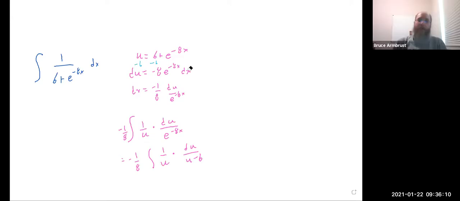This is something that we often do in algebra, where if we have a fraction 1 over u times u minus 6, we're going to be able to break that apart into two fractions. And those two fractions have the factors of the denominator.